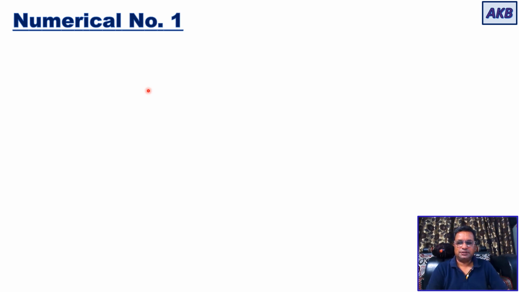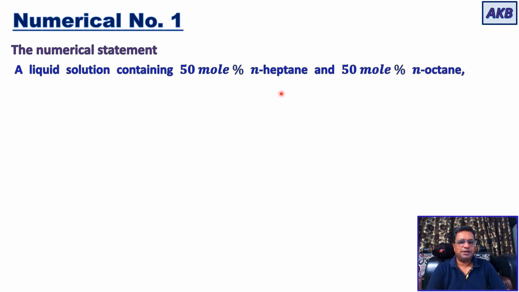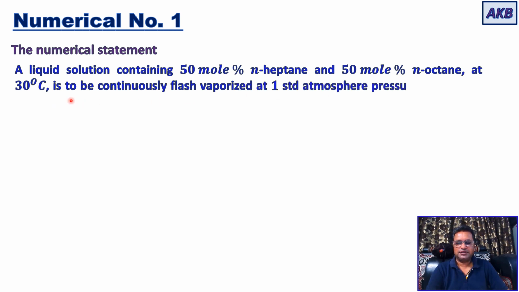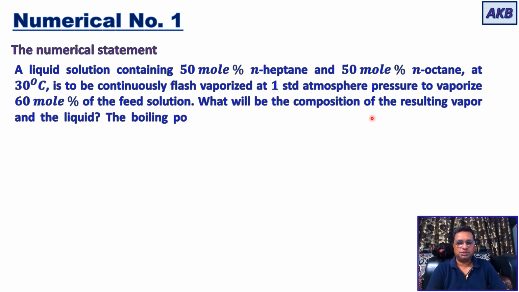First, let me show you the numerical statement. A liquid solution containing 50 mole percent N-heptane and 50 mole percent N-octane at 30 degrees Celsius is to be continuously flashed, vaporized at 1 standard atmosphere pressure to vaporize 60 mole percent of the feed solution.